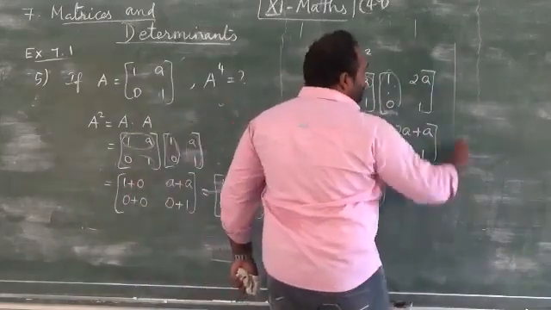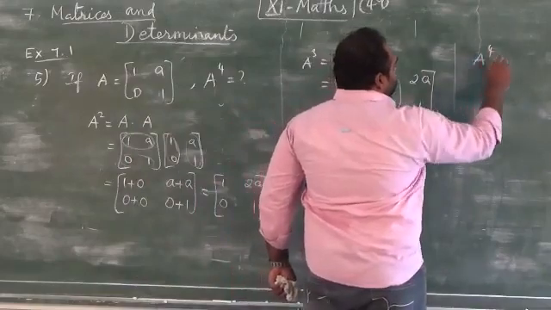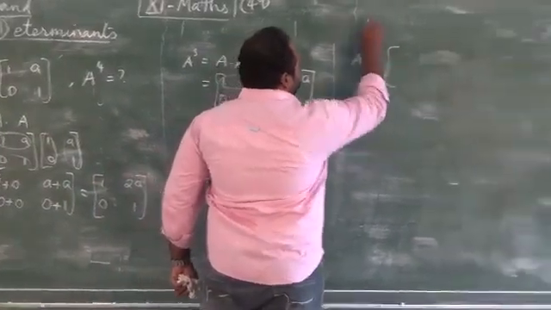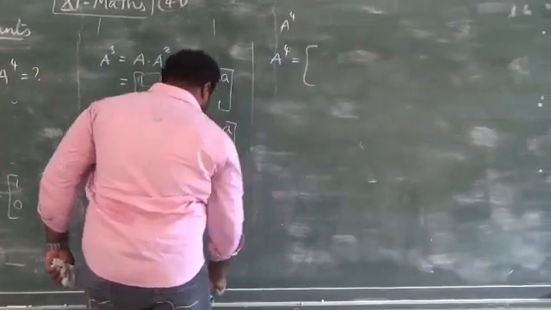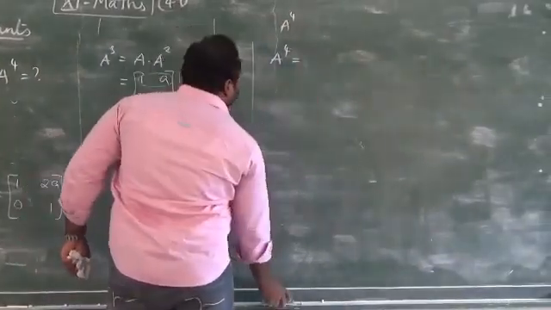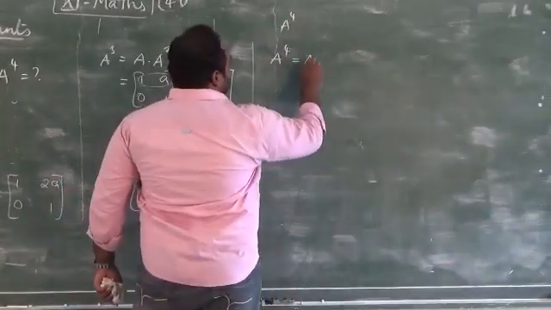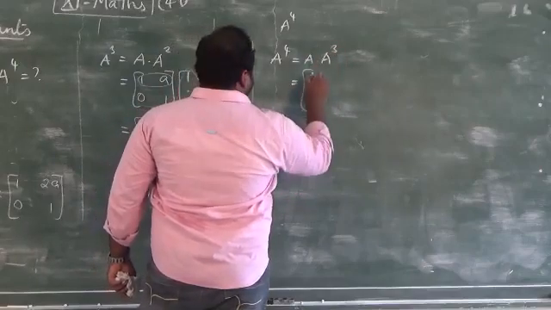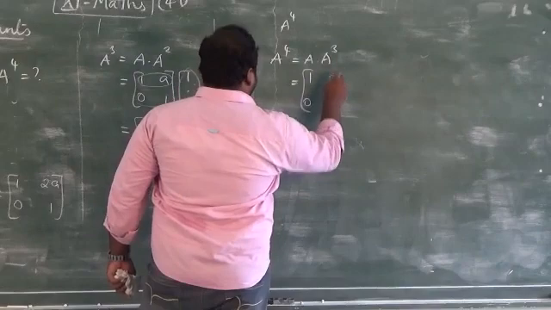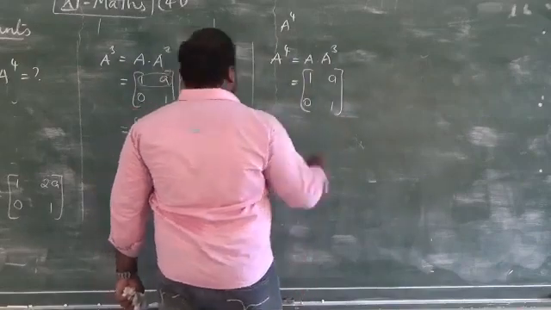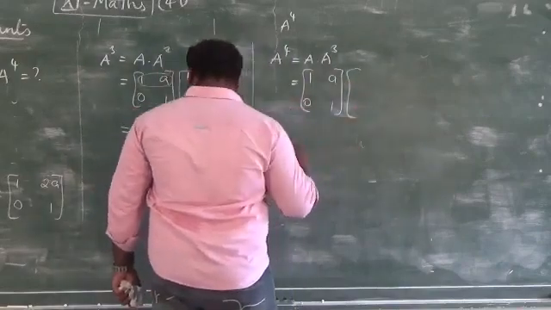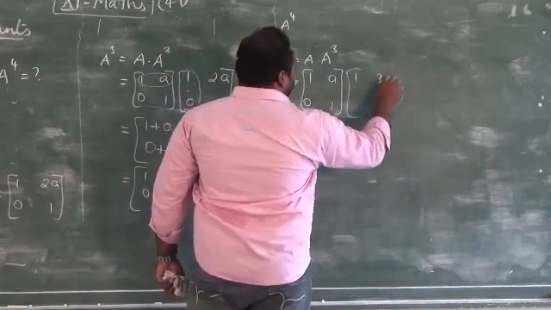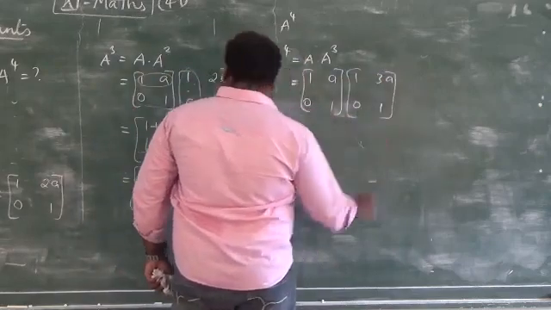Next A power 4. A power 4 can be written as A into A cube. Am I correct? What is A? 1, a, 0, 1. This is A. A cube is 1, 3a, 0, 1.